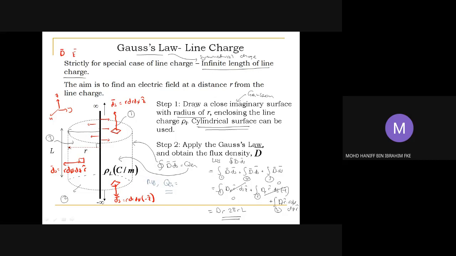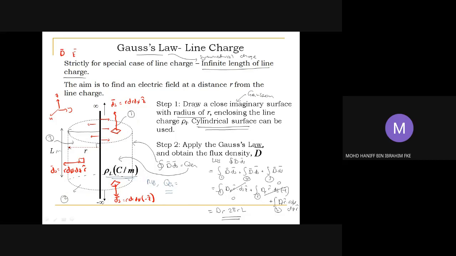We have that this line charge has a density of rho L, coulombs per meter, right? And the length bounded by the Gaussian surface is given by L, in meters. So if we want to find the charge enclosed by the closed surface, we simply multiply rho L and L. Am I right?